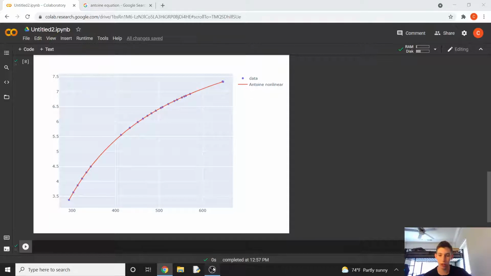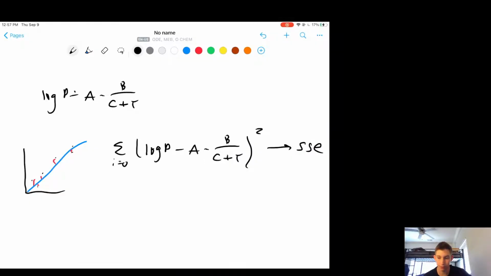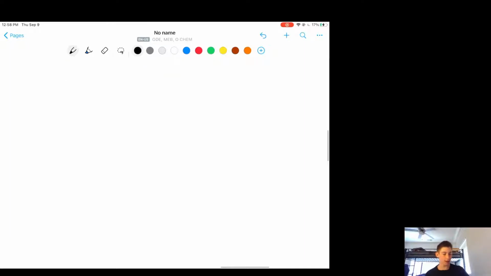Our linear regression, I will bring my iPad back out. So essentially what we're doing now, we have to modify the Antoine equation. So originally, it's this.